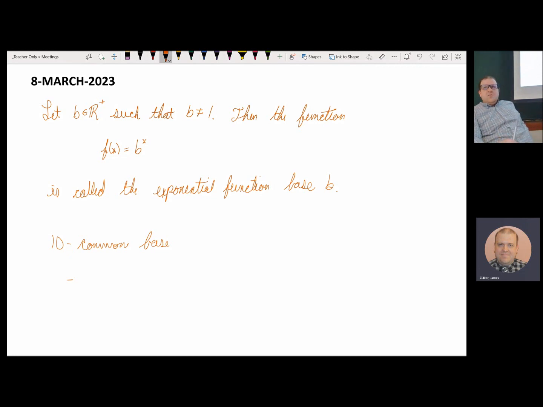Oh, God, Adam. They might actually be up to 128. Base 10? No. Base e. This is called the natural base.